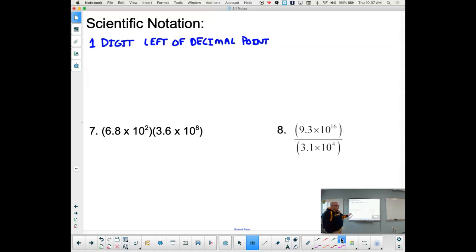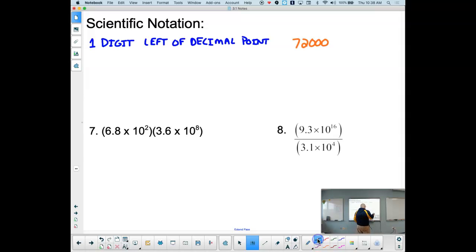And then we count zeros. Okay? If I need to move that decimal point to the right, that means I'm going negative on my exponent. If I need to move it to the left, that means we're going positive with our exponent. What I mean by that is if I have 72,000 as my number, okay?